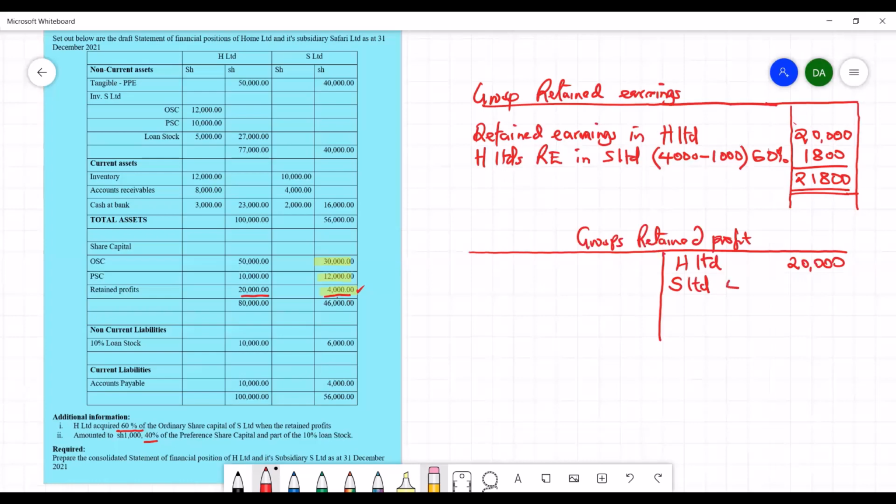We can say 4 minus 1 multiplied by 60%, 0.6, and that will give you 1,800. So that the total group's retained earnings is equal to 21,800. This side we say balance carried down for the retained earnings is equal to 21,800. That is how to prepare the same using the T account method.